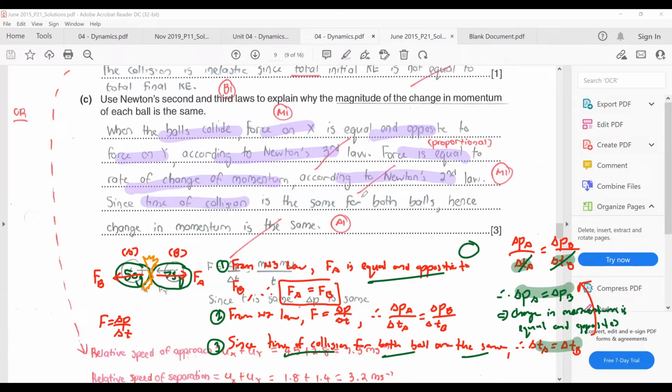Since the time of collision is the same for both balls, the change of momentum is the same. Okay, that is basically what I just wrote here, just that what I wrote here is a more detailed explanation.